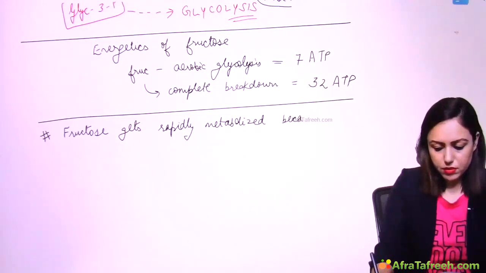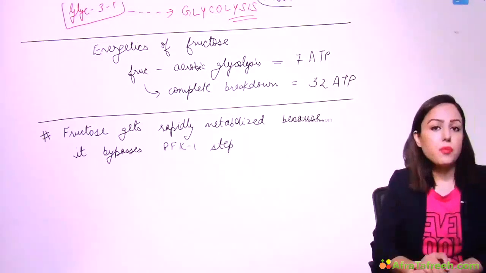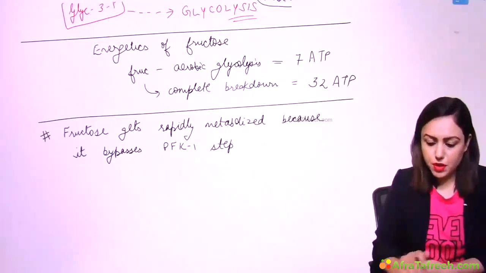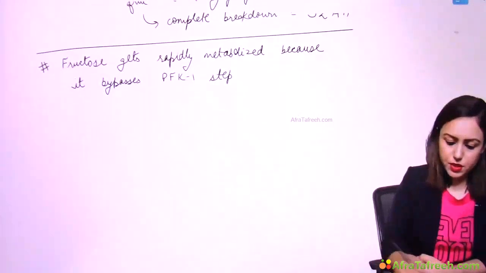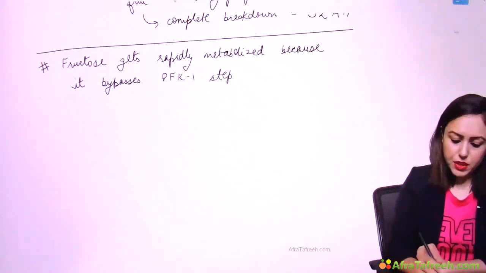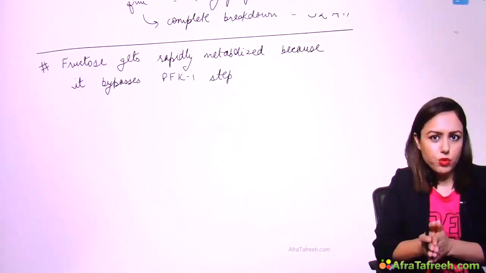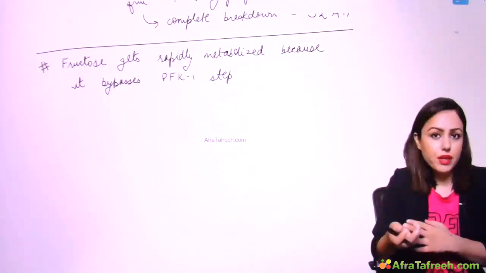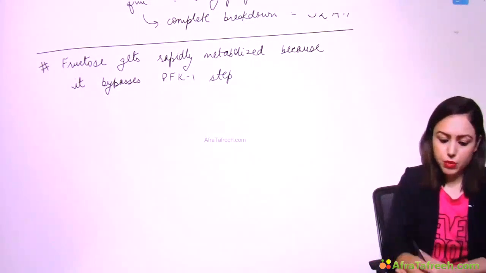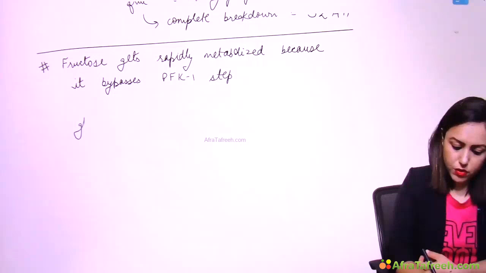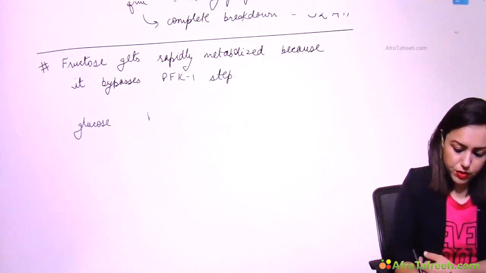Why does this occur? Because it bypasses the PFK1 step. What does this mean? This means that for metabolism of any monosaccharide, some rate limiting steps are there. For example, when glucose is taken for metabolism, the rate limiting step is the PFK1 step, right?